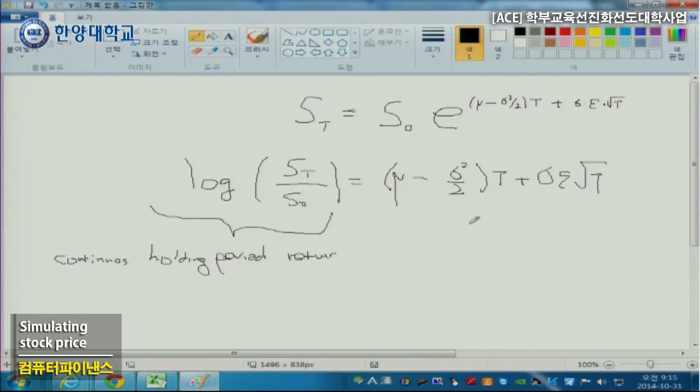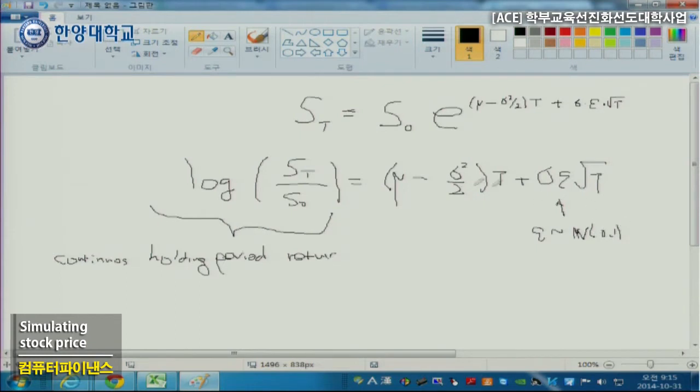And then of course we don't know what the stock return will be for the next T years. There is always uncertainty, and that uncertainty is captured by this part. Epsilon is drawn from the normal distribution, 0 to 1.